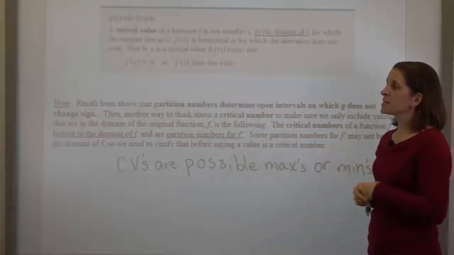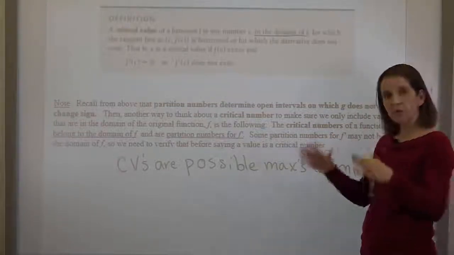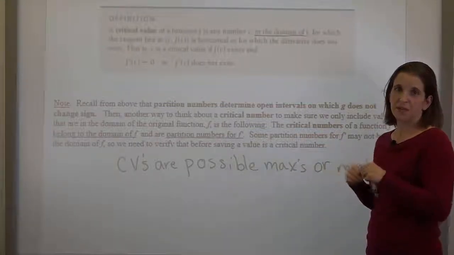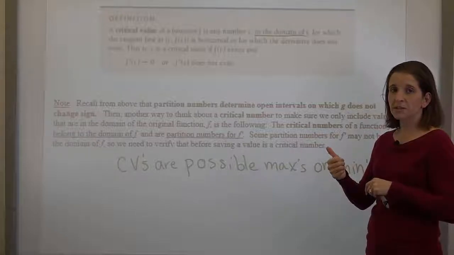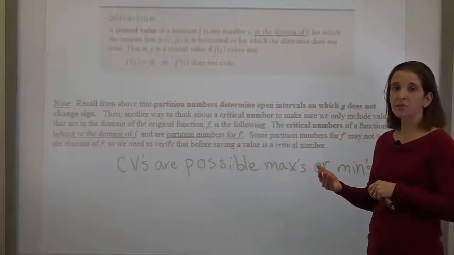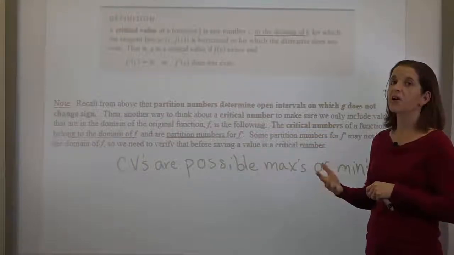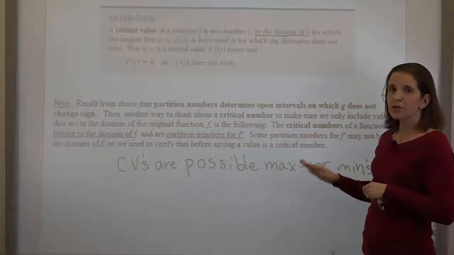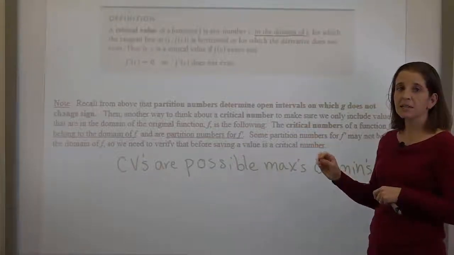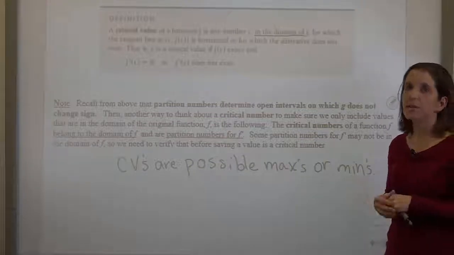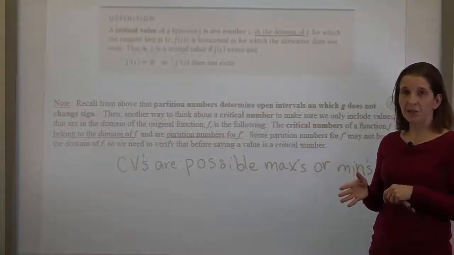So what we're going to be talking about is that both of those start the same way: places where the derivative equals 0 or does not exist. So we're going to identify those partition numbers, and then only if that x value is also in the domain of the original function can we call it an actual critical value of the function. So we're going to look at that right now. It's really going to come into play when we look at rational functions, in other words, fractional functions, functions where you end up having asymptotes.